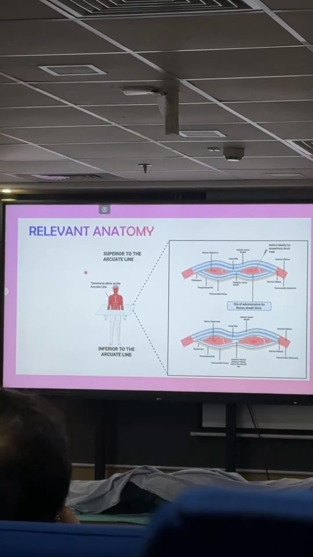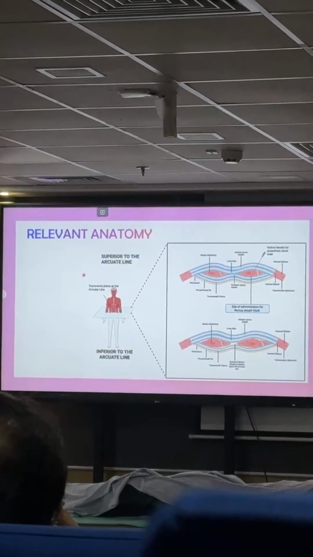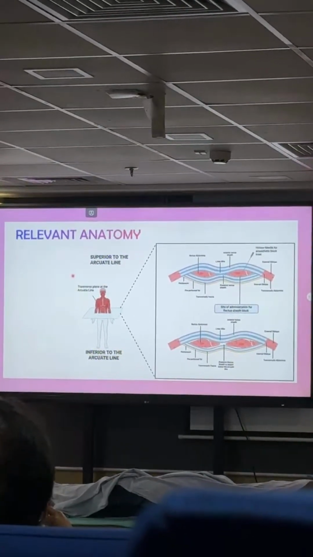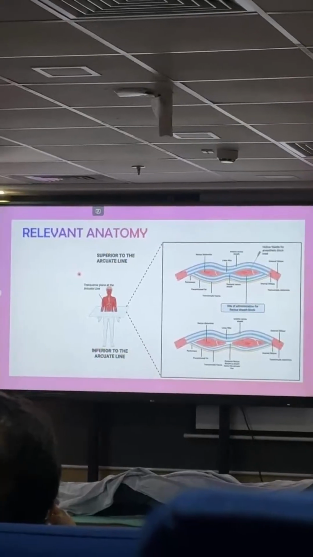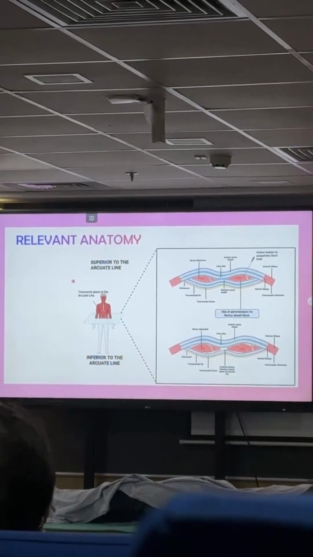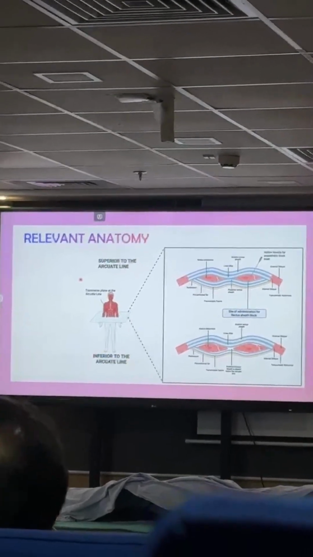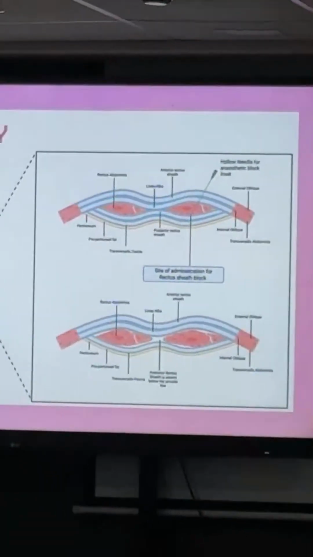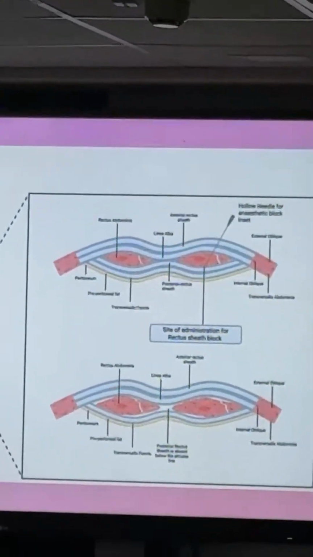This is a very important concept which you have to understand, that there is a line called the arcuate line, which lies one third of the way between the umbilicus and the suprapubic line. This line has an importance in case of a rectus sheath block, that below the arcuate line, the posterior rectus sheath is deficient.